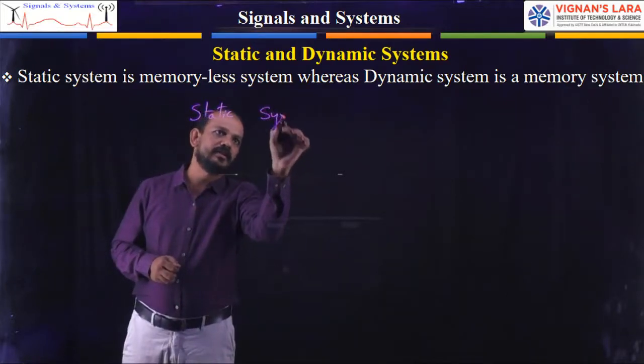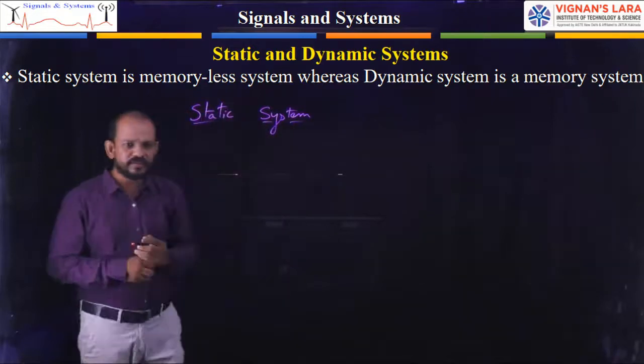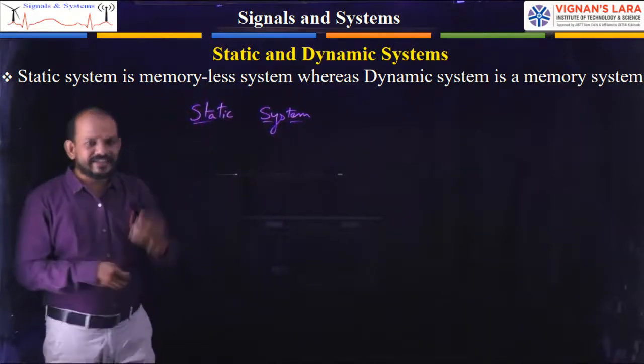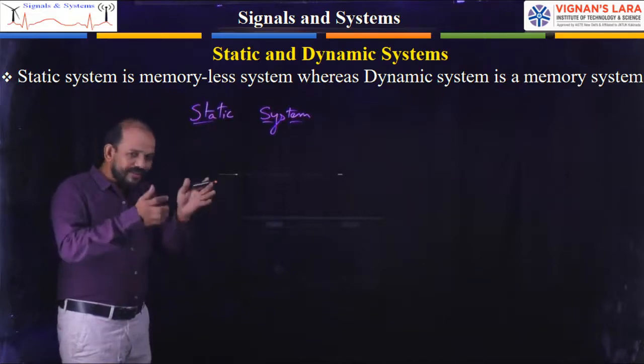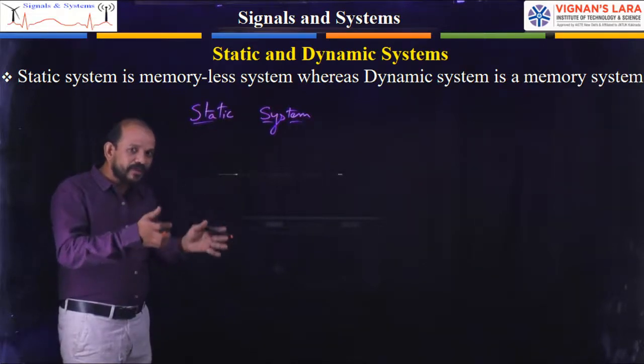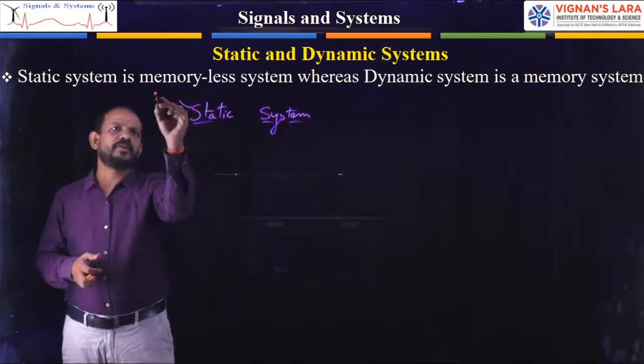A person is static means he will do the work assigned to him at the present value. He is a constant. A static person is a constant person.